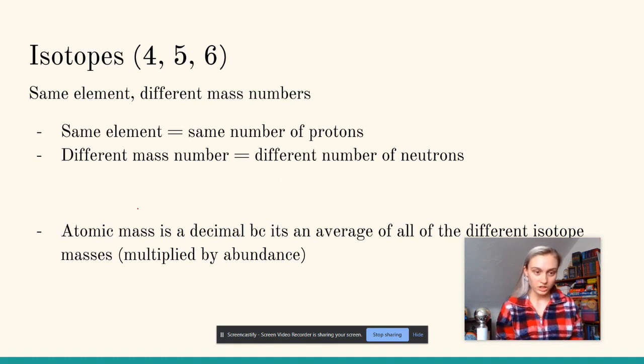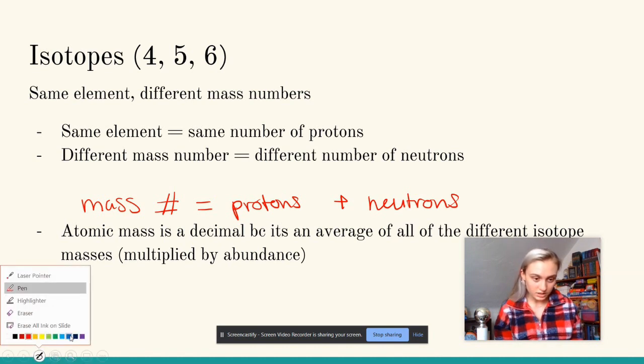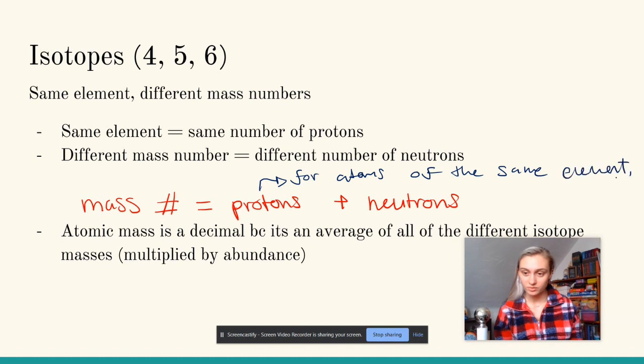So I'm just going to write here really quick. Mass number is equal to protons plus neutrons. And I'm going to make a little note in a different color that says, for atoms of the same element, protons don't change.